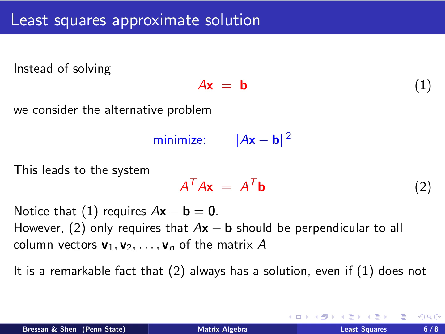So this is a more relaxed requirement. We're not going to prove it, but I'll just mention it. This fact, which is quite remarkable, is that system 2 will always have a solution, even when system 1 does not have a solution. Quite remarkable.